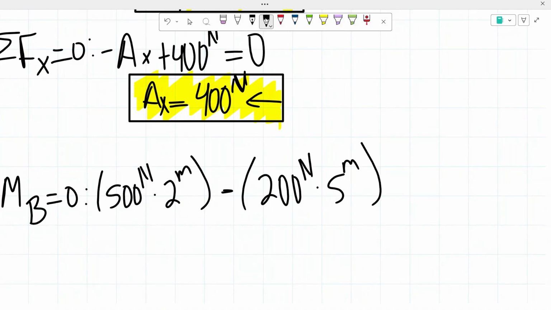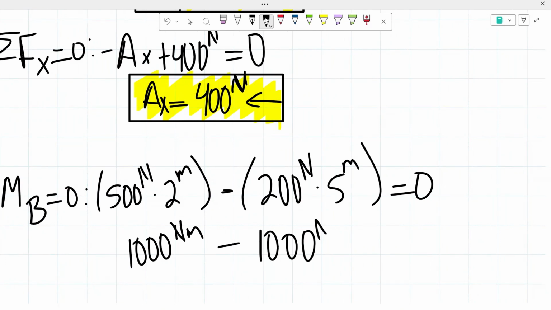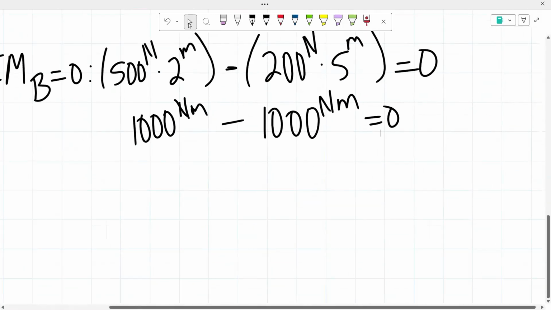And we know that for it to be true, that we calculated our reactions correctly, it has to equal 0. So we end up getting 1,000 newton meters minus 1,000 newton meters has to equal 0. And we end up getting that 0 is equal to 0, which is correct.